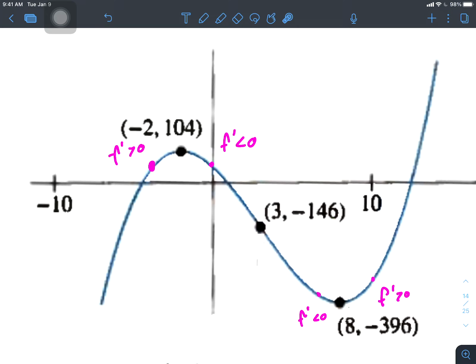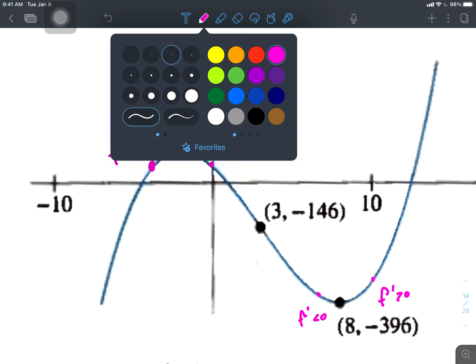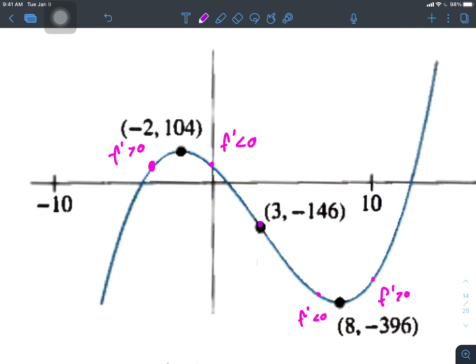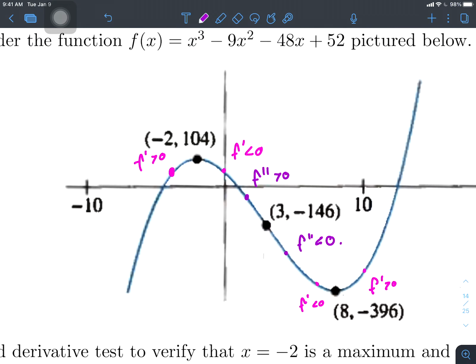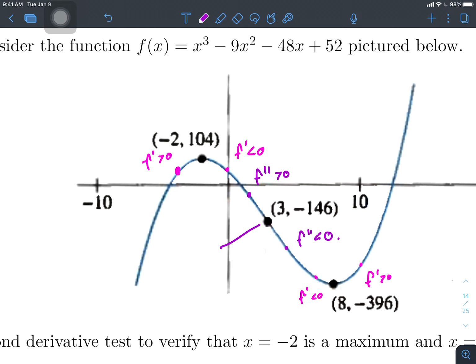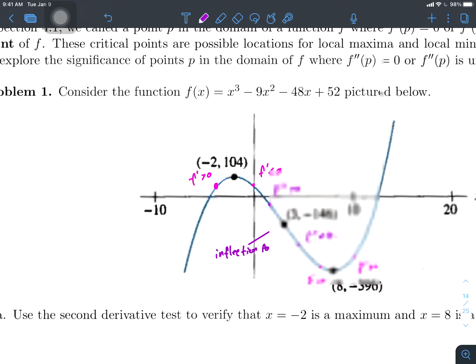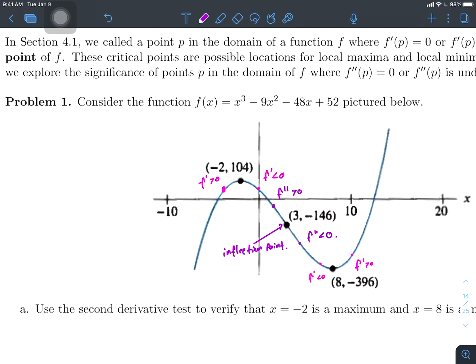But the next question has to do with what happens when the second derivative goes from being positive to being negative. This is what we refer to as an inflection point.